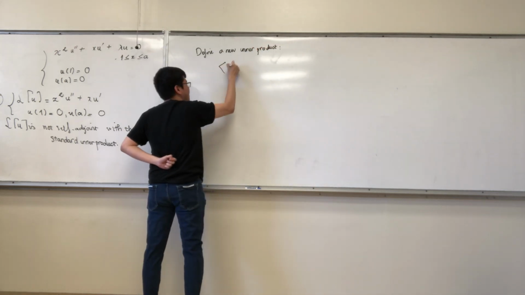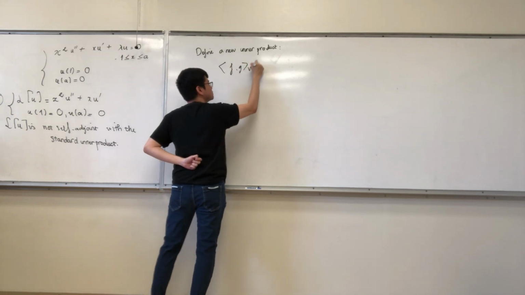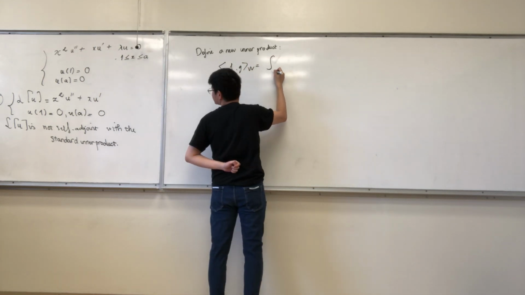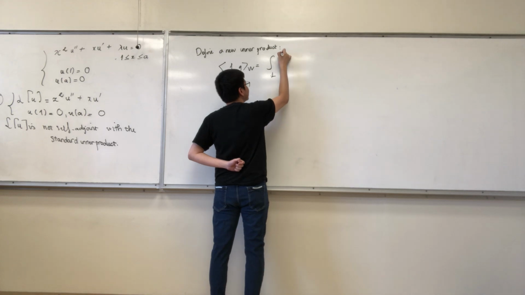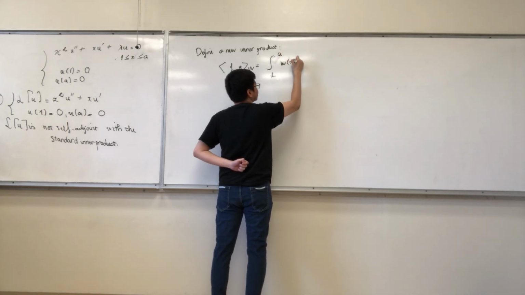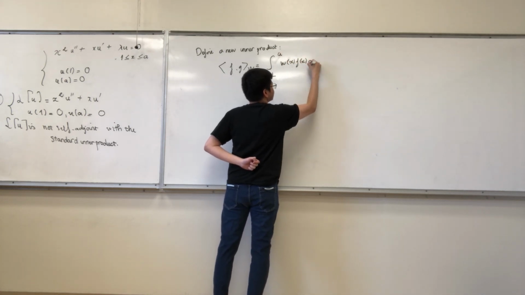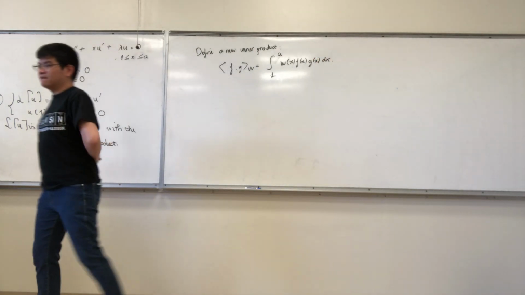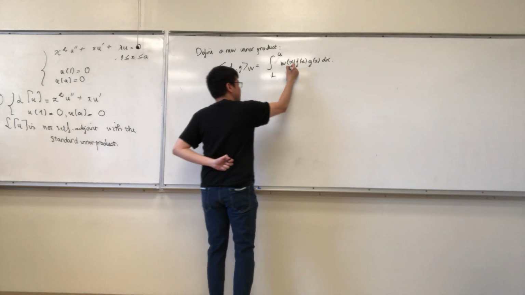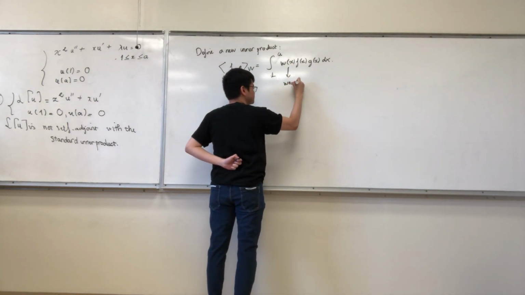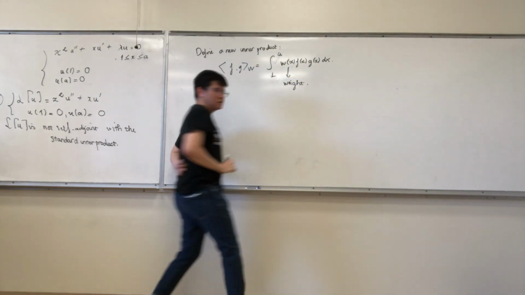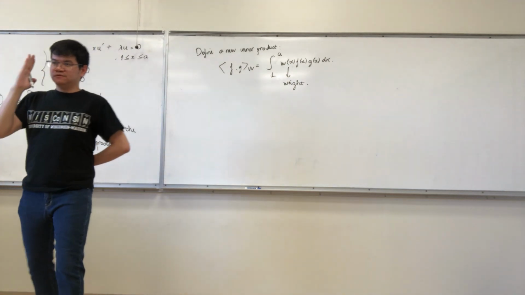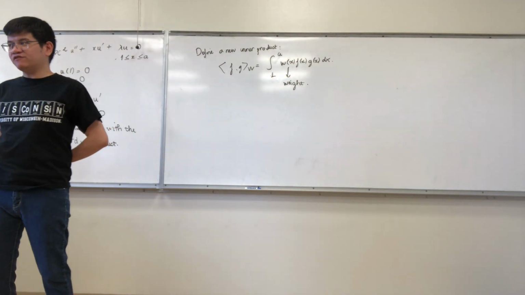Which is the inner product of f and g with weight w, equal to the integral from 1 to a of w(x) f(x) g(x) dx. So this w is the weight, right? This operator is not self-adjoint.